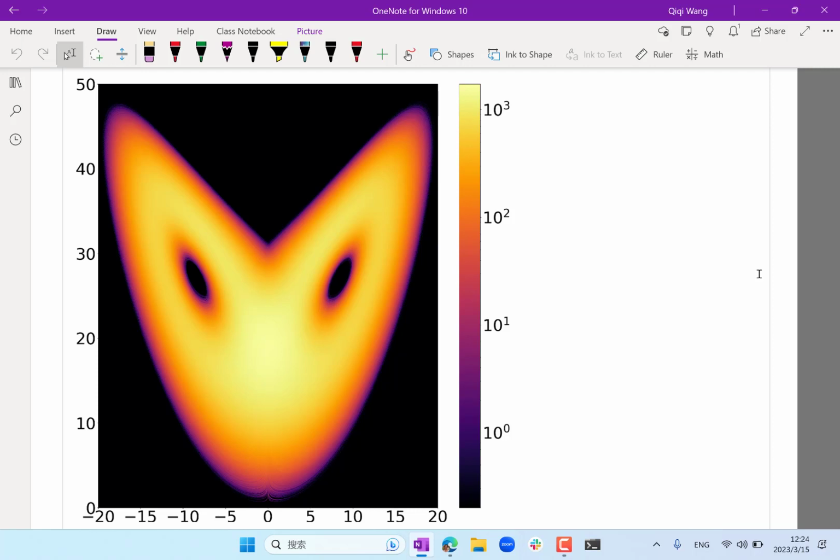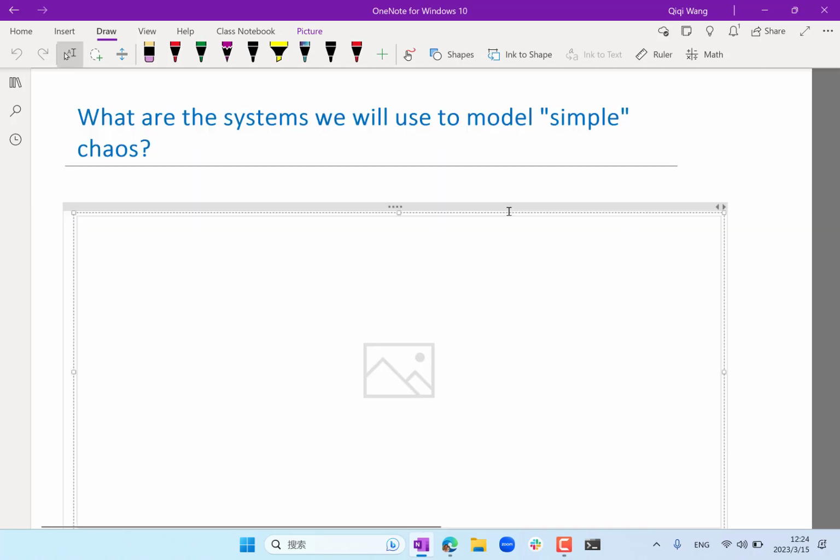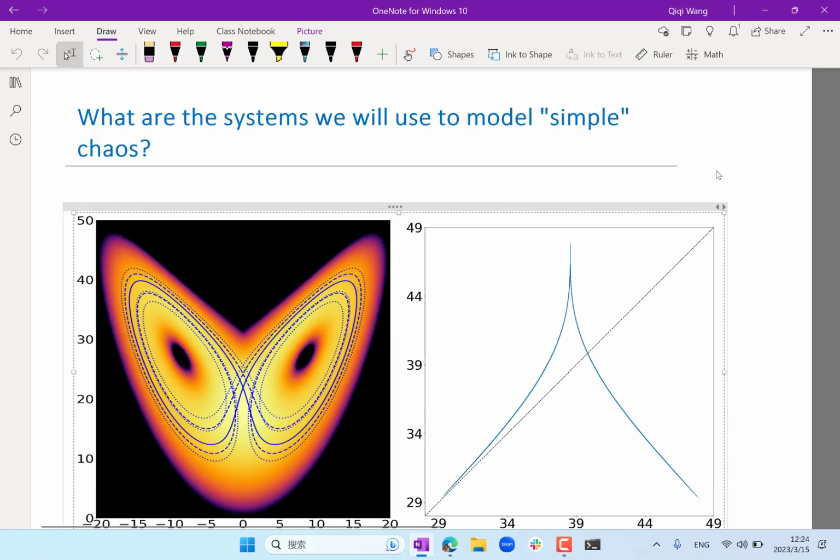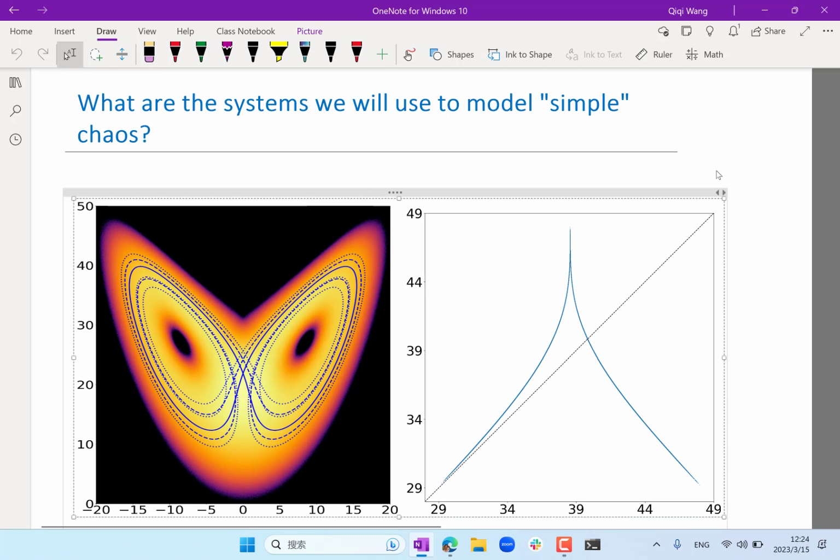The Lorenz equation just adds one positive exponent on top of this, right? So instead of one zero and one negative, it has one positive, one zero, and one negative. So we'll start with that and then look at more complex systems.